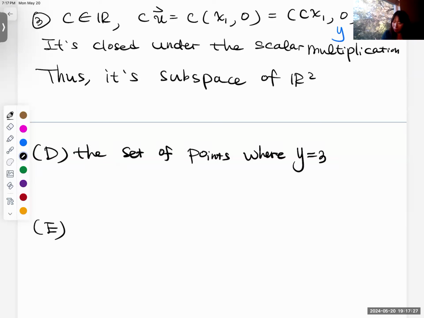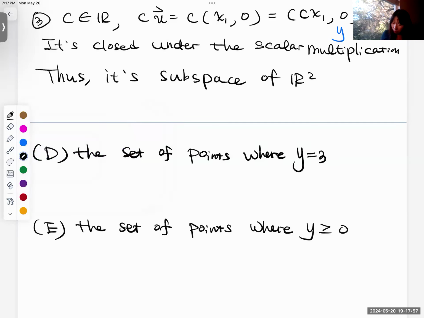The set of points where y is greater than or equal to 0, right? So he said that the 0 vector is not in there, right?